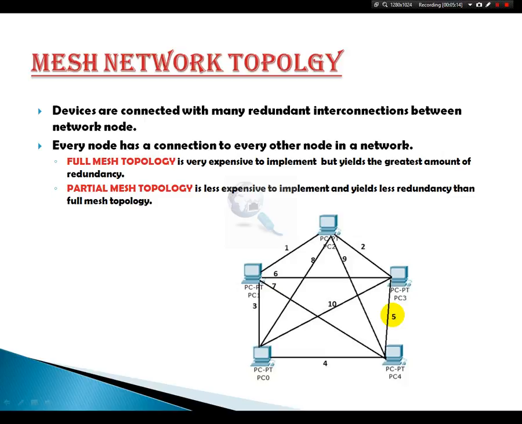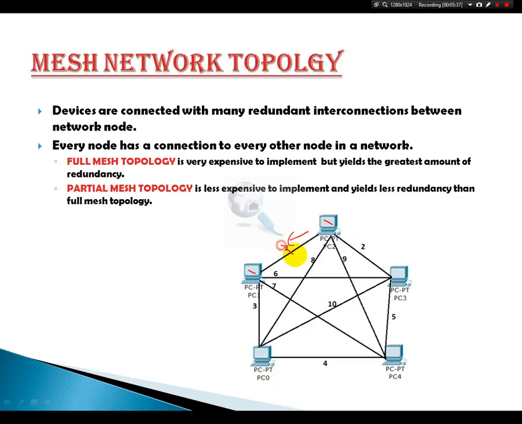Now, if we look at the diagram here, it doesn't have to be computers. This is just an example. Now, if all of these computers are connected to all of the other computers in this topology, now if this computer wants to communicate with this one, it will find the best path, which is this one.